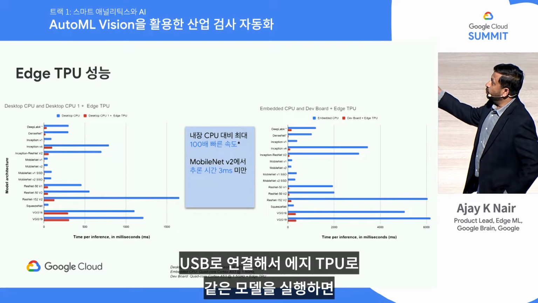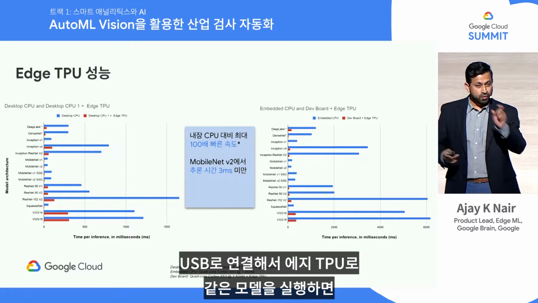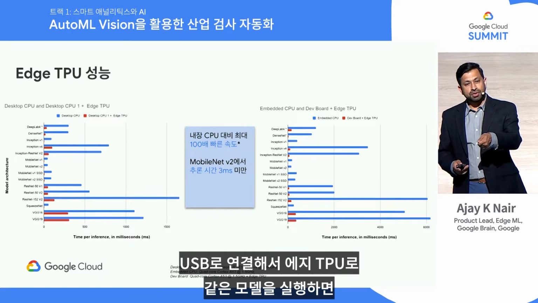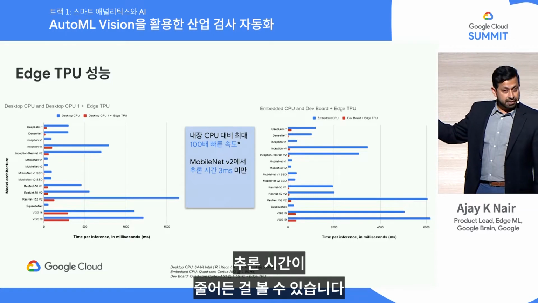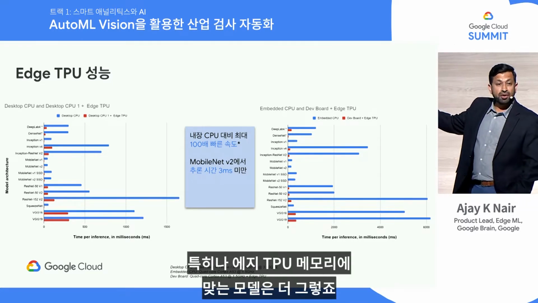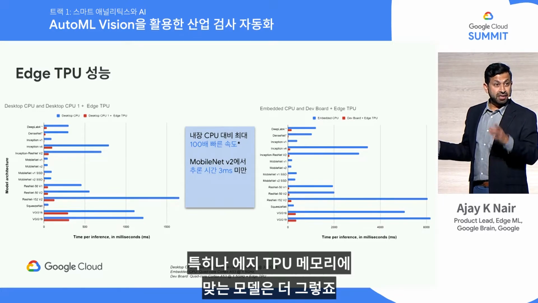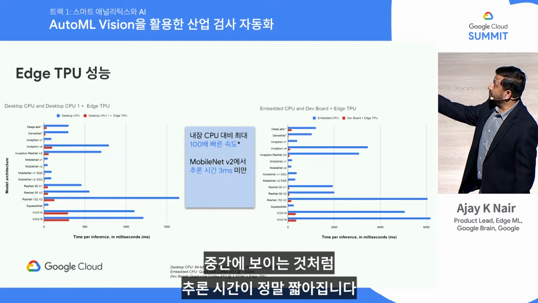Then we enable the edge TPU, which is the USB drive connected to the USB port, and run the same models, and you can see the inference times are really greatly reduced, especially for the models that fit within the memory that is available on the edge TPU, which are the ones in the middle.